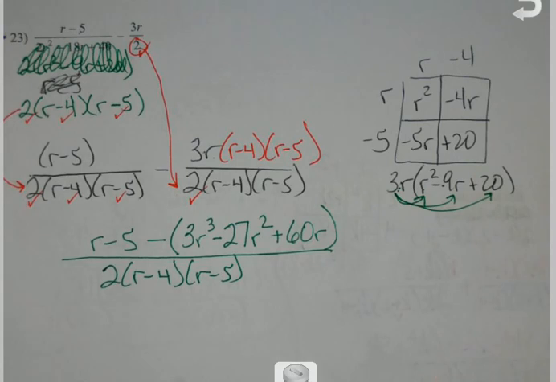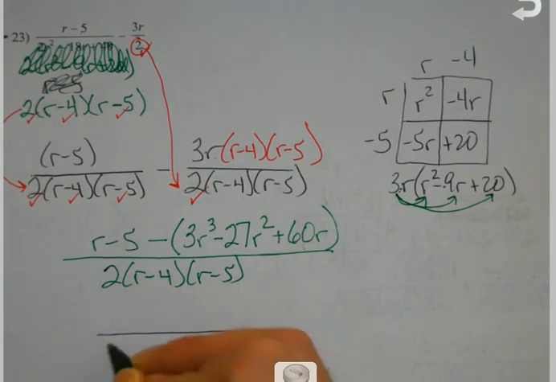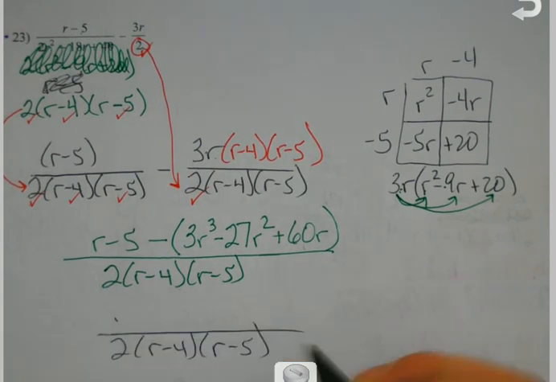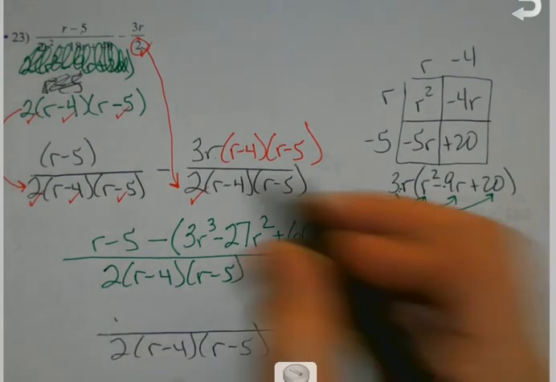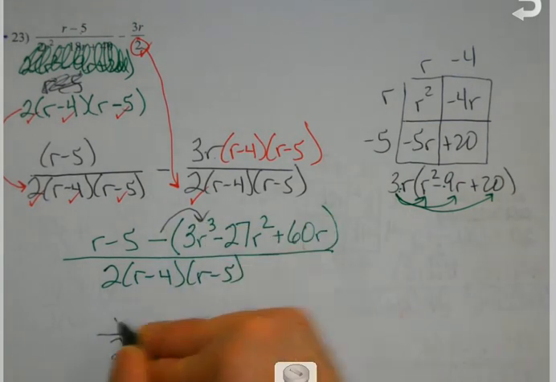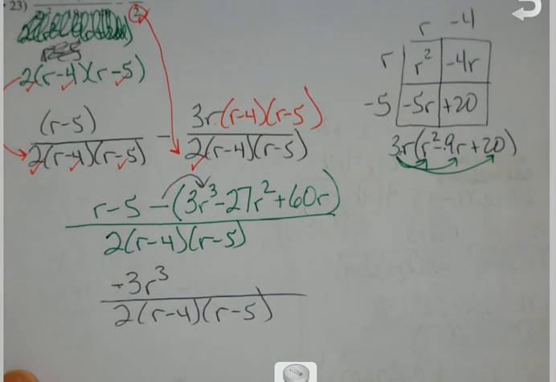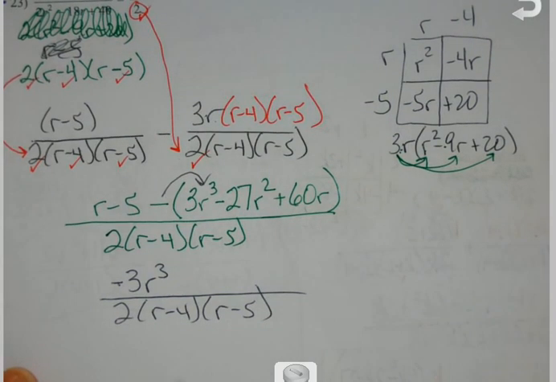So when I'm getting my final answer ready to go here, I look and I'm like, okay, if I start to distribute this negative, I've got negative 3r to the third, because I like to put my biggest exponent first. Do I have to? No. Why am I doing that? Because I'm not down to r to the first yet.